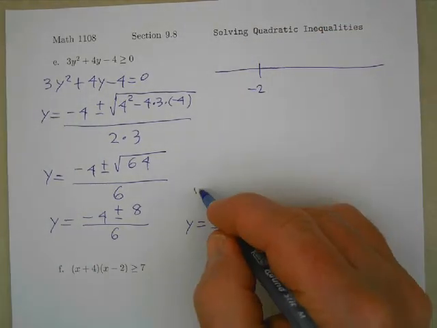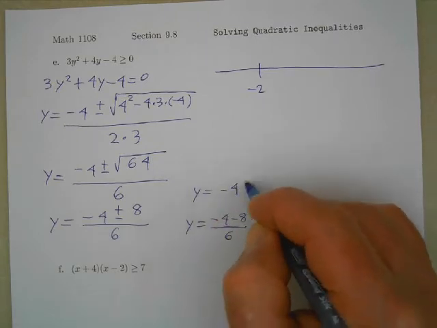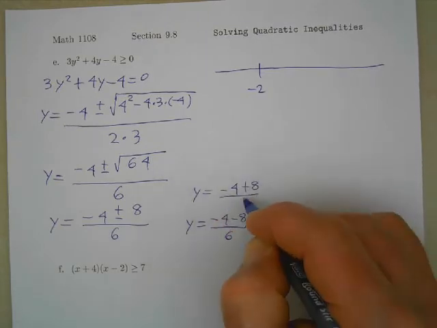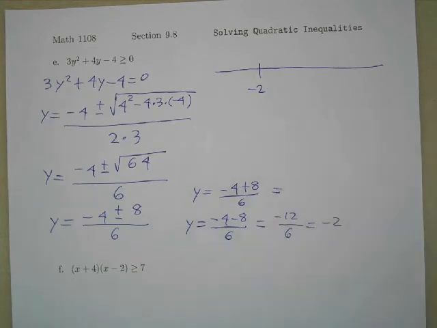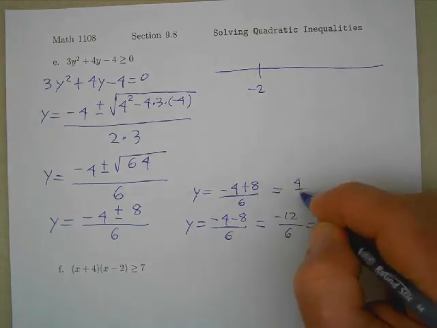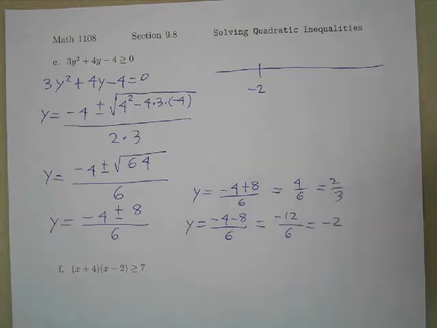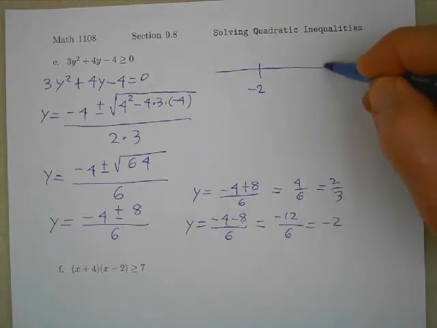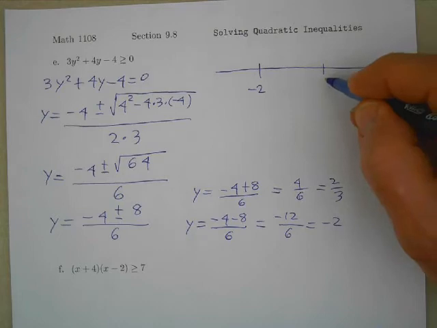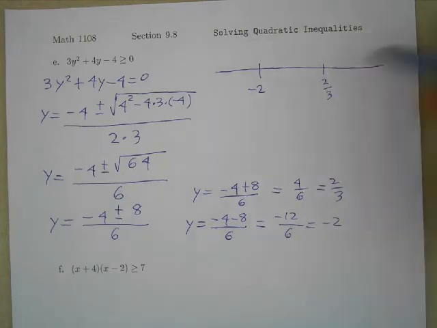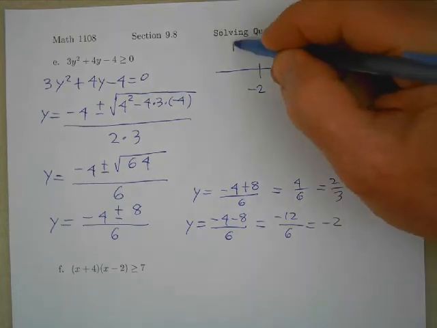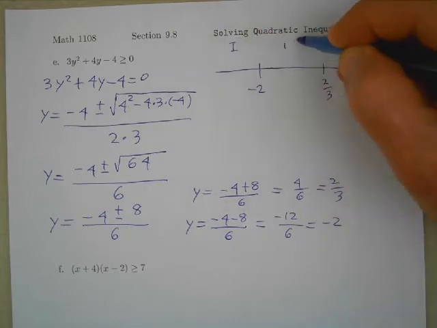The other solution, y equals negative 4 plus 8 divided by 6, is positive 4 over 6, or positive 2/3. So 2/3 is between 0 and 1. So those two numbers divide the number line into 3 separate intervals.